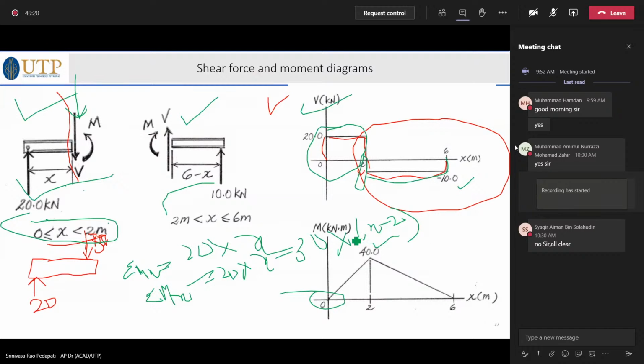So when x is greater than 2, x should not be 0 in this case. x is equal to 3, for example. At x equal to 3, what happens? 20 times 3 is equal to 60, minus 30. 60 minus 30, how much? 30. So at x equal to 3, the moment is 30.